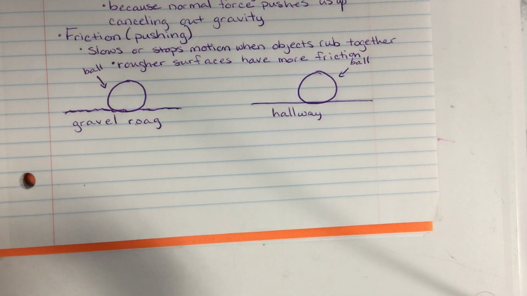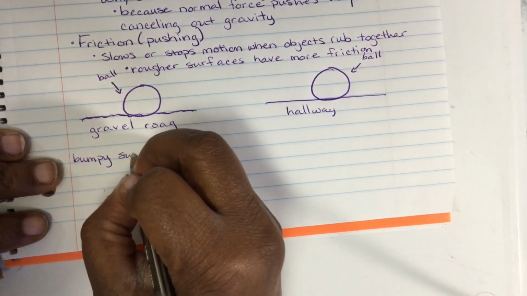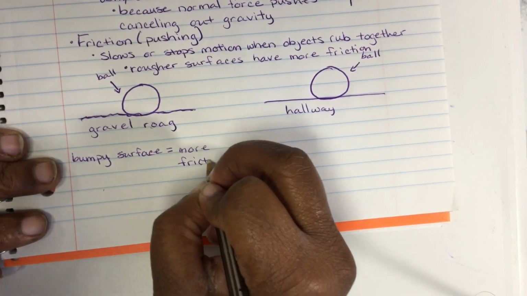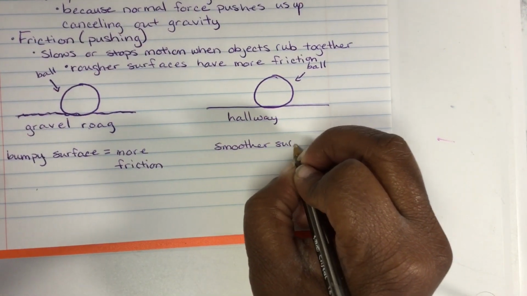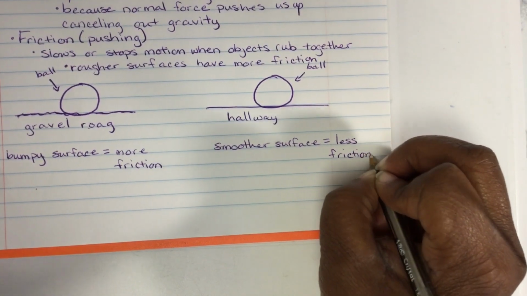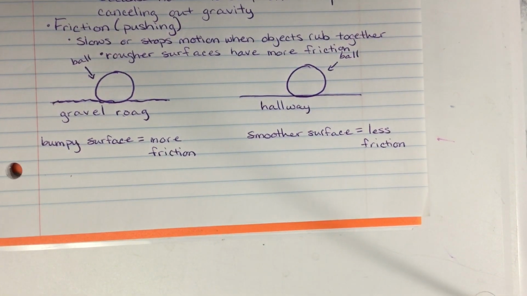The surface is rougher. One way we can see this is by the amount of time it takes a ball to stop or slow down when we're outside playing versus if we roll it down the hallway.